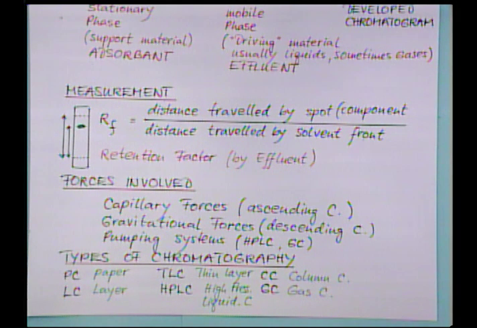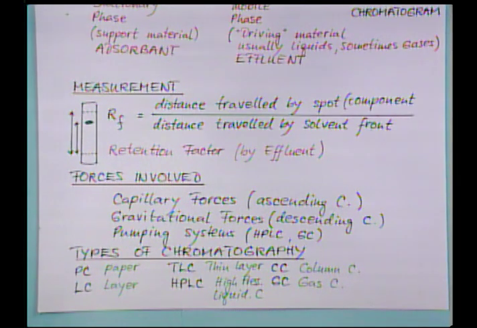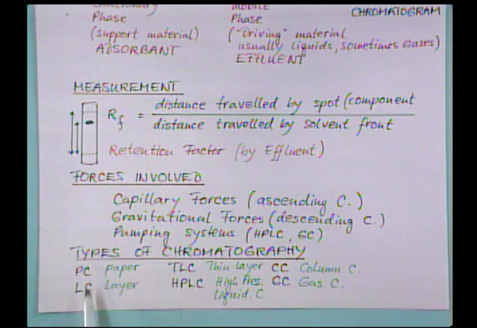Chromatography is such a big field now, and it's used in every sophisticated laboratory nowadays, especially in the form of HPLC, which is high pressure liquid chromatography, and gas chromatography, which is GC, as we call it for short. And then we have, of course, the traditional types, paper.